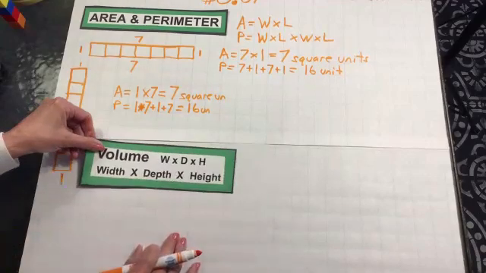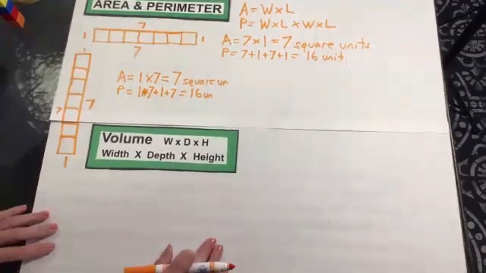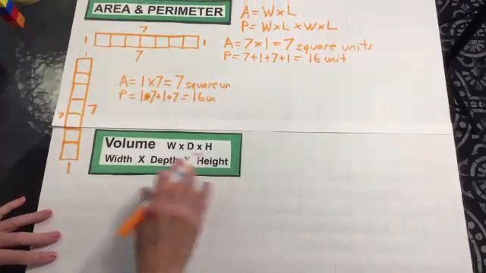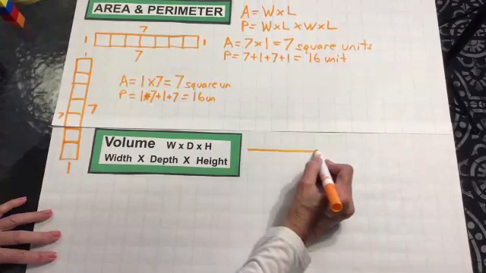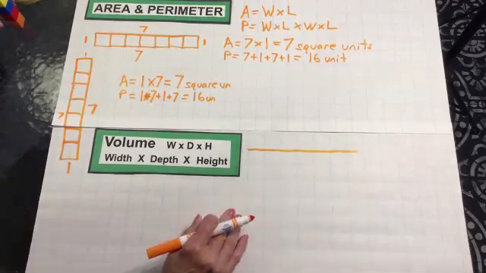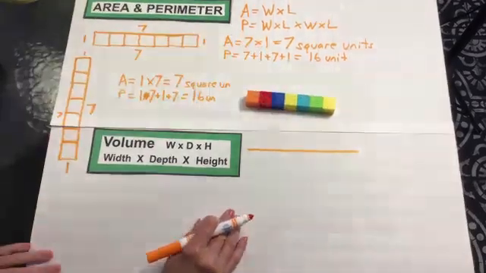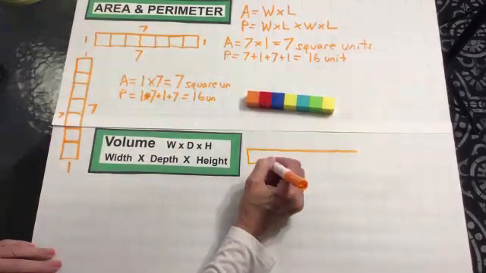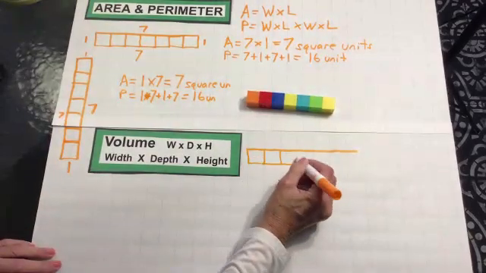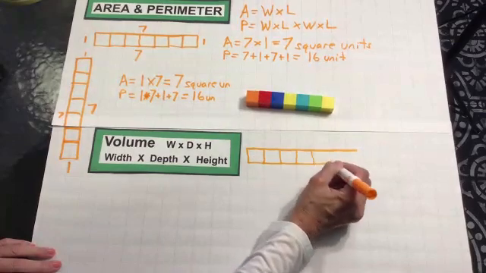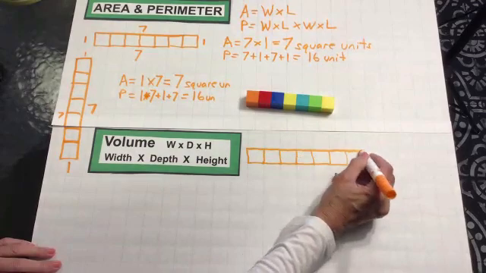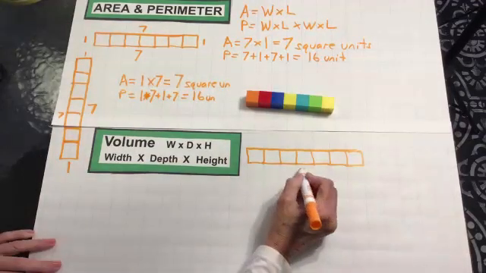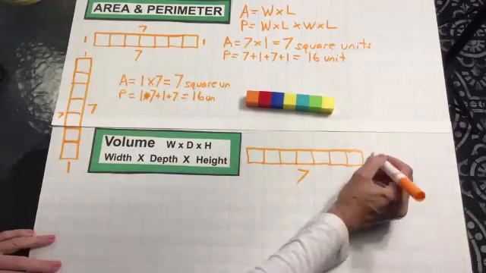All right, let's go ahead and put volume on here. So volume, let's go ahead and draw it horizontally. So here's what we're looking at. So draw your rectangular prism. So this is 7 across.